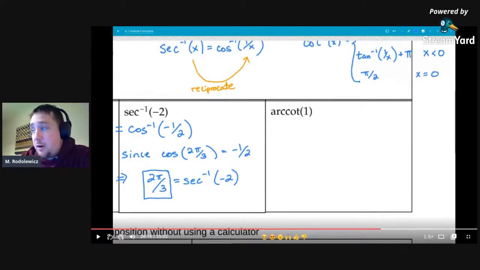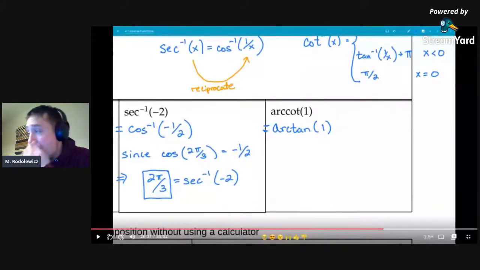Last, find the arc cotangent of 1. Immediately I rewrite it, applying the definition. So my input is 1, and when I look back at the definition above, if your input is greater than 0, we write arc cotangent as arctan, and we invert 1, but the reciprocal of 1 remains 1.